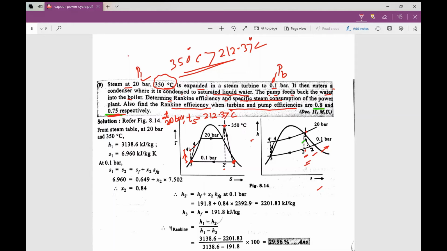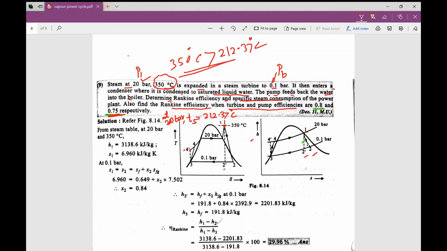And then from point 4 onwards, heating of that water takes place in the boiler. So 4 to point 1 is the process of heat supply to water in the boiler. So this is about all the processes.